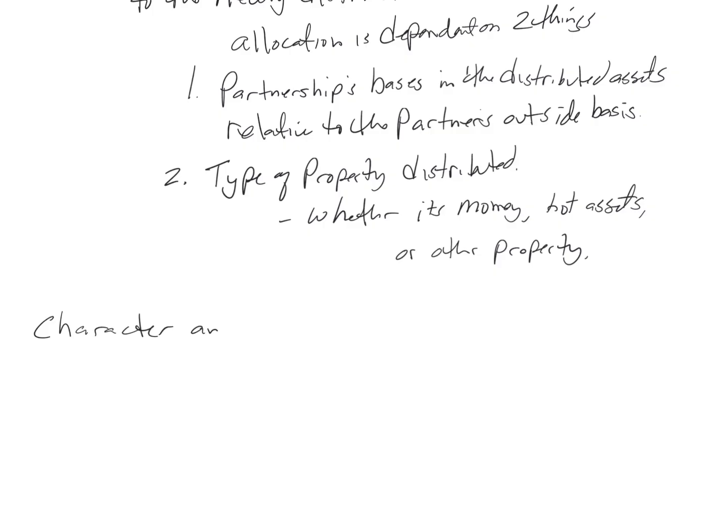And then what we also have to do is consider the character and holding period of the distributed assets. So it's always the same problems, right? Are we recognizing a gain or loss? What is the basis of the assets we're talking about? And then what's the character and holding period related to those assets?